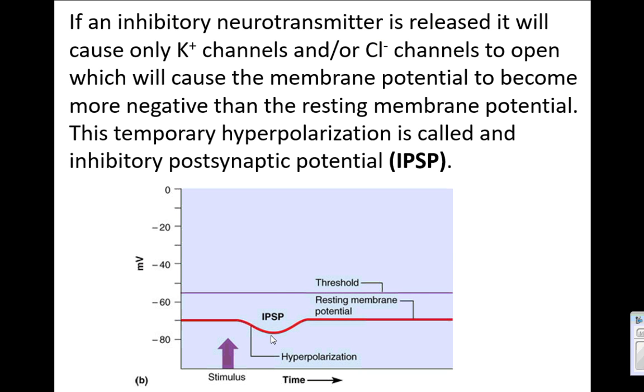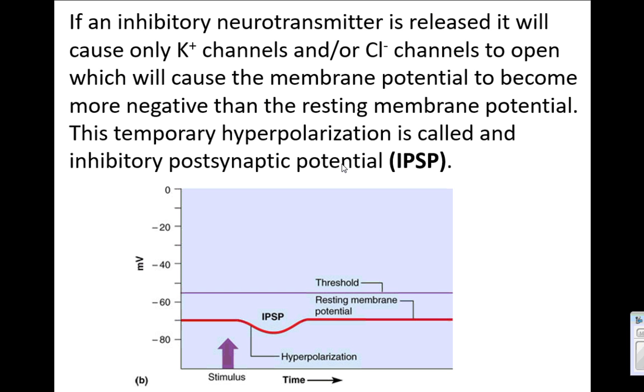More negative means that we're farther from threshold and we're less likely to create an action potential in our new neuron. So that's why we call it inhibitory. Okay. This is an IPSP, inhibitory postsynaptic potential. We're far less likely to create and excite the new neuron or cell.